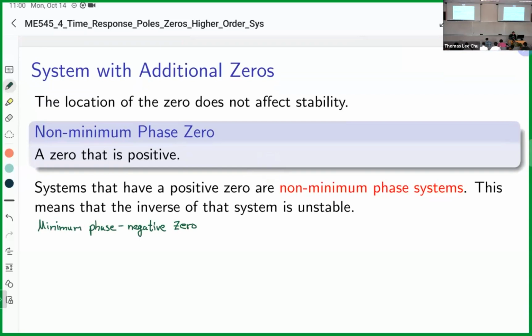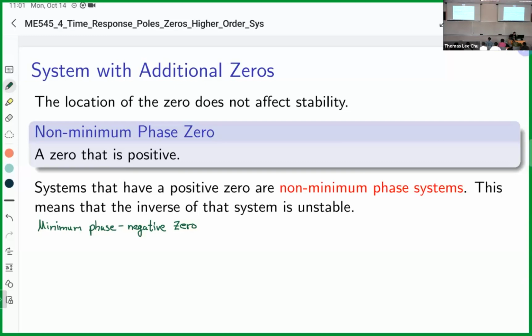But if I say the system is a non-minimum phase system, it means there's at least one positive 0 or more. So systems that have a positive 0 are non-minimum phase systems. This means that the inverse of that system is unstable. If I were to have a non-minimum phase system and I were to invert it, that 0 becomes the pole and that becomes a positive pole, and that means that system's unstable.